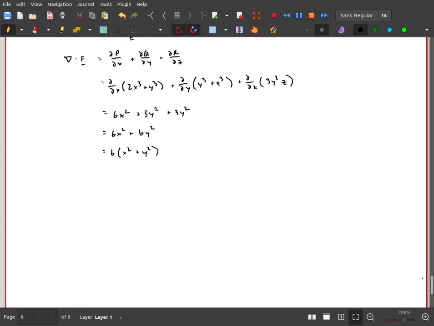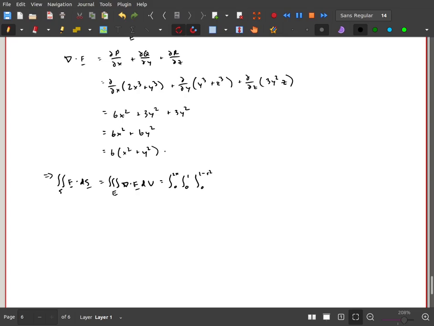So let's put everything together in our integral. Theta will be last, so 0 to 2 pi. r is from 0 to 1. z is from 0 to 1 minus r squared.